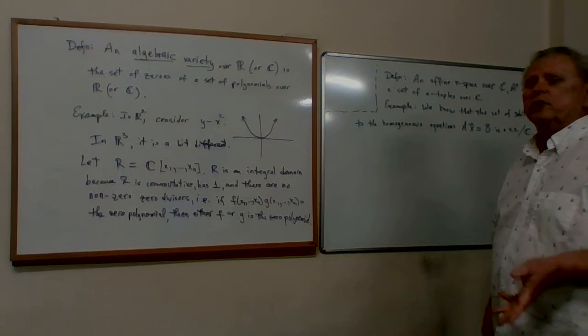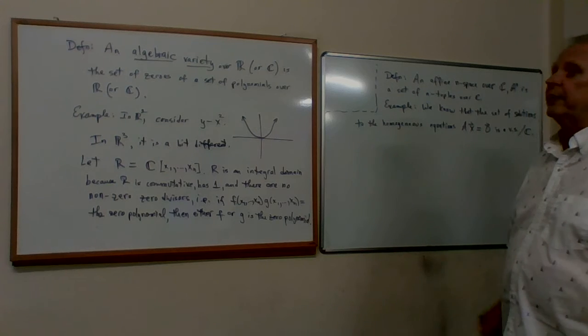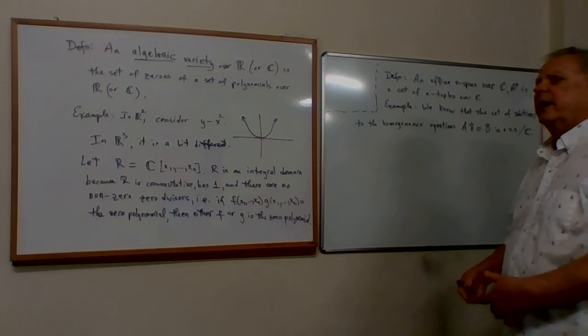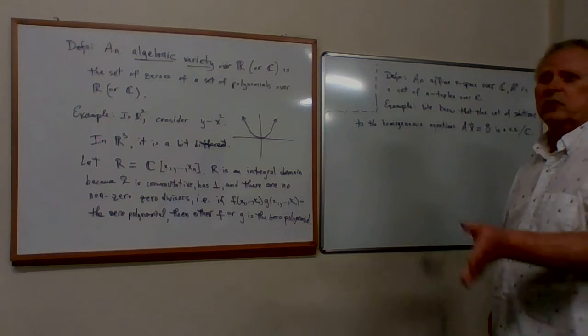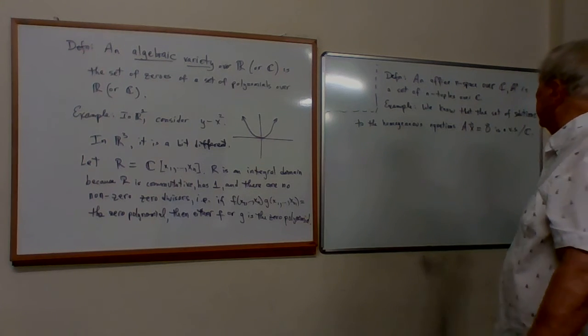If I have two solutions, the sum of those and the difference of those is also a solution. You can multiply a solution by a scalar, you still get zero, etc.